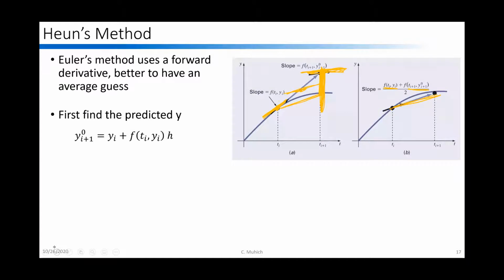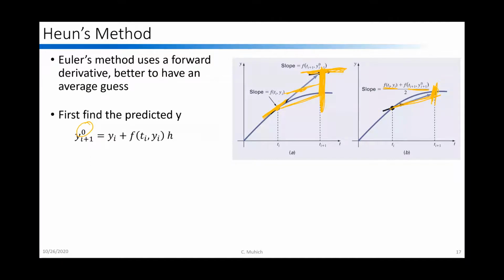Here we're just going to use Euler's method, so we have that same y_{i+1} = y_i + f(t_i, y_i)h. You'll notice, though, that now I have this 0 in here. That 0 is representing that it's going to be our first guess, or 0th order guess, as to what the information is at this slope.